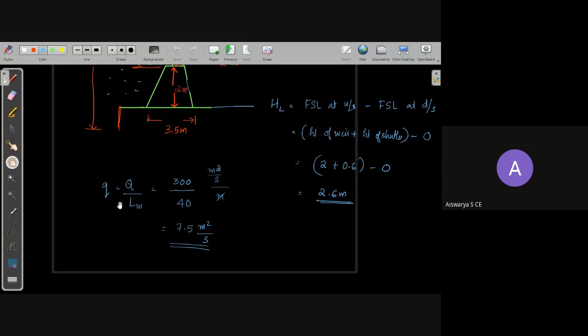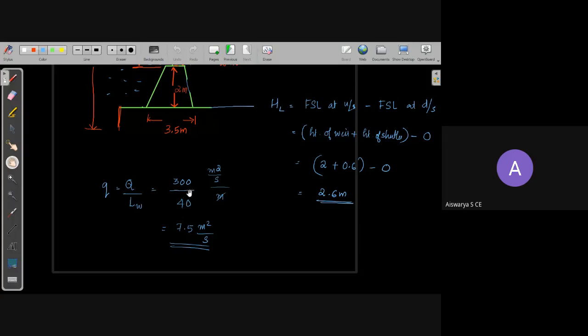Okay, next you need to find out the discharge per unit width. Discharge per unit width implies the total discharge is given as 300 cubic meters per second, and the length of weir is given. If you divide the total discharge by the length of weir, you will get the discharge per unit width.